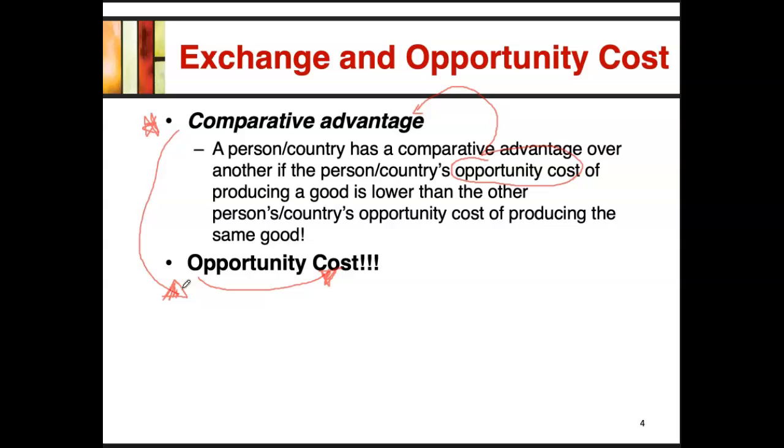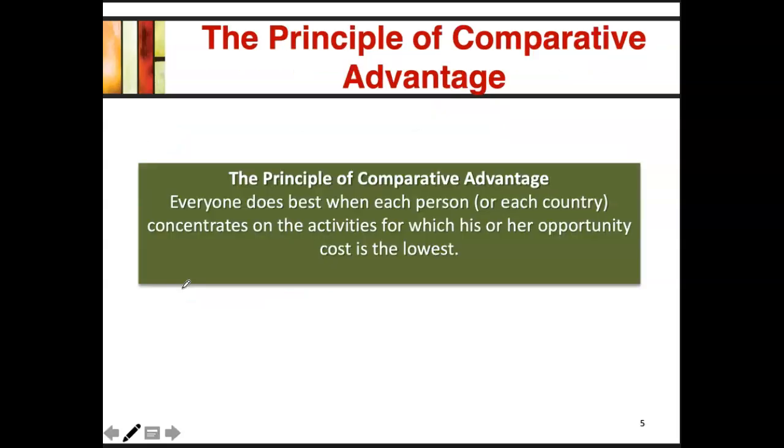Okay, so then it goes down to the principle of comparative advantage. Everyone does best when each person or each country concentrates on the activities for which his or her opportunity cost tends to be the lowest. According to David Ricardo, in answering what countries should trade, he argues countries should trade in whatever good or service they have a comparative advantage in.